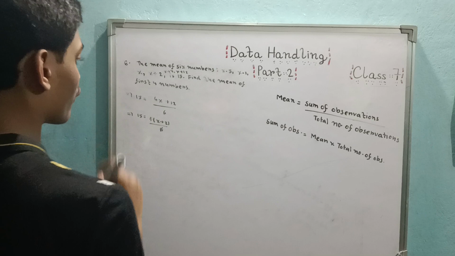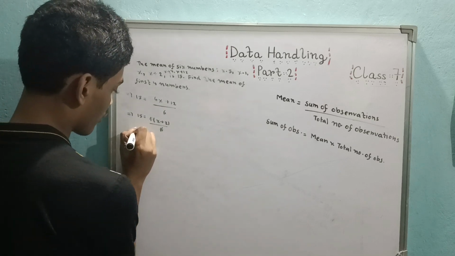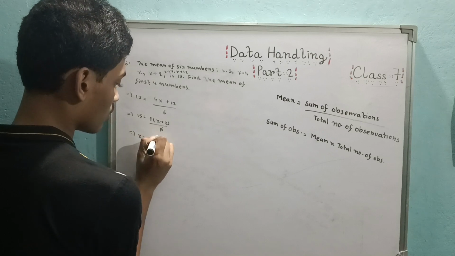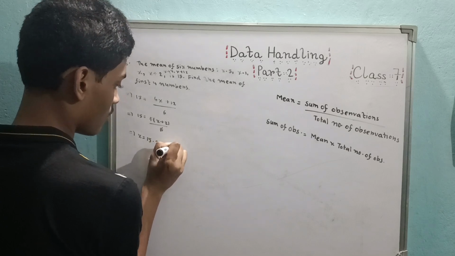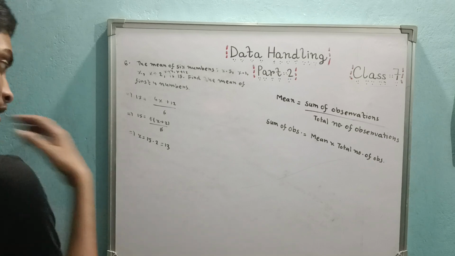If you take 6 common, x plus 2 and just cancel it, then x will be 15 minus 2, 13. So we got x. How? Mean is given to us, equal to the sum of the numbers, which is 6x plus 12, divided by the number of observations, which is 6 numbers obviously. Then get x like this.